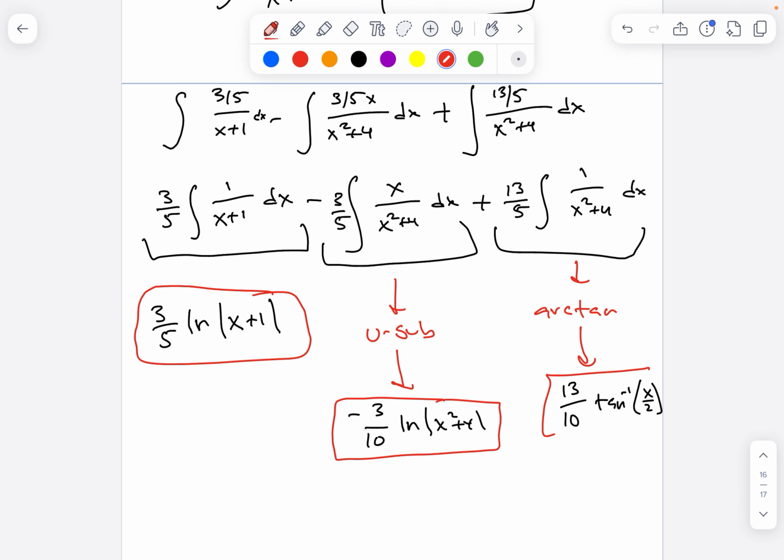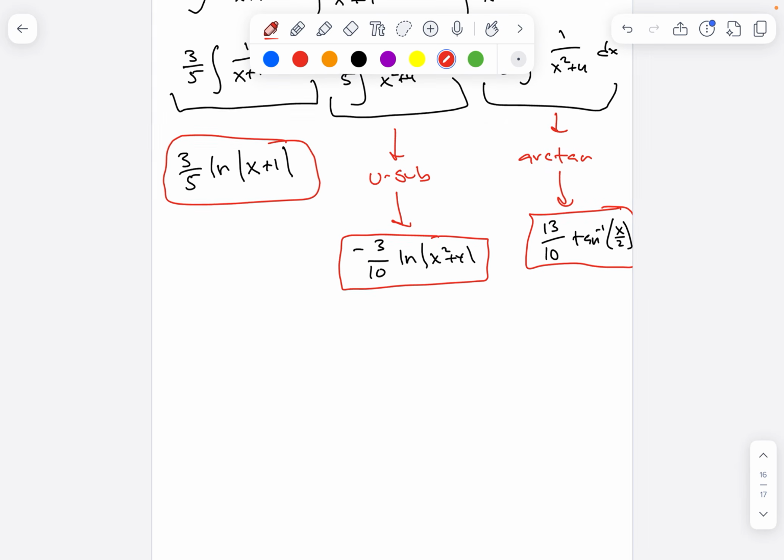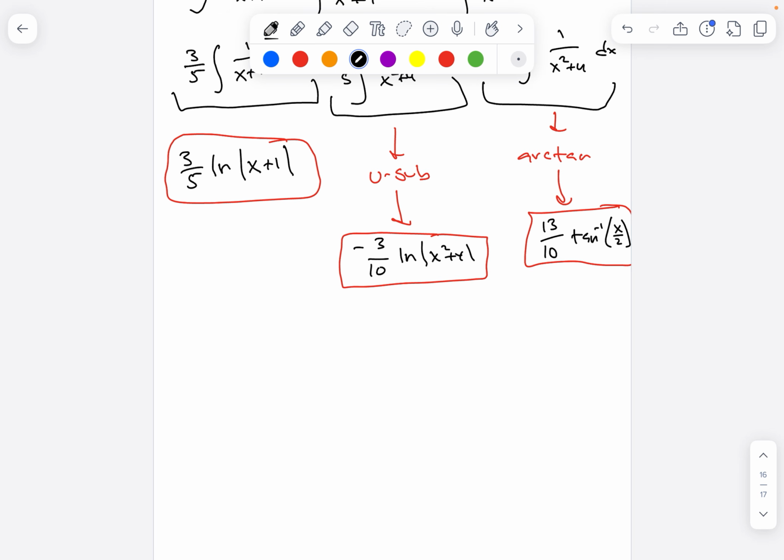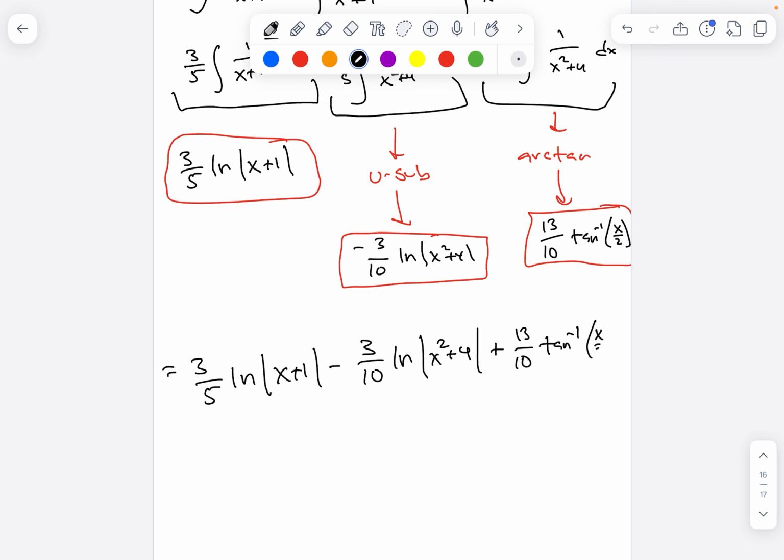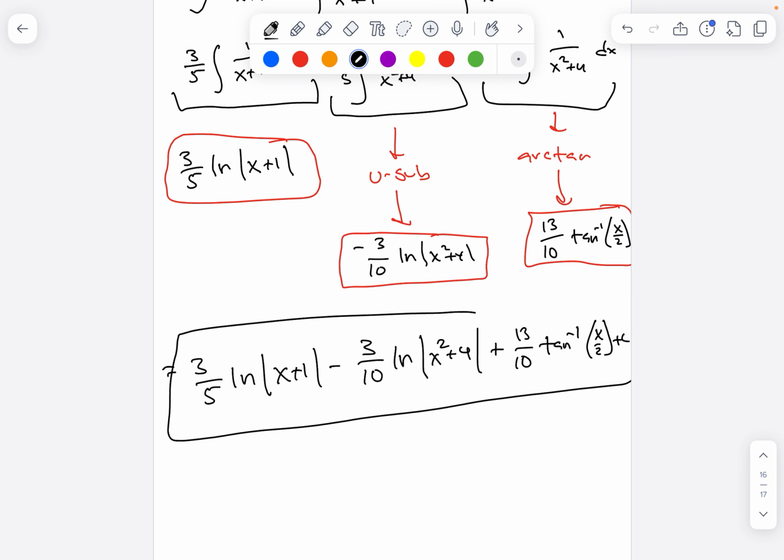So that's integral 3. And now finally, all we do is combine these into one using the linearity formula. So this is all equal to 3/5 ln of x plus 1 minus 3/10 ln of x squared plus 4 plus 13/10 inverse tan of x over 2 plus C. And that is our final answer.